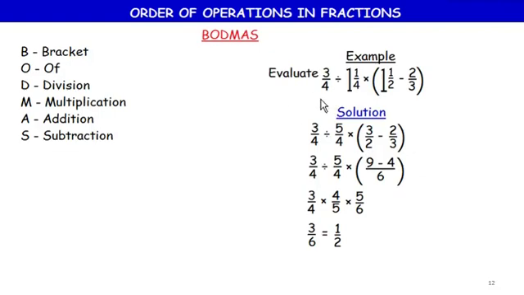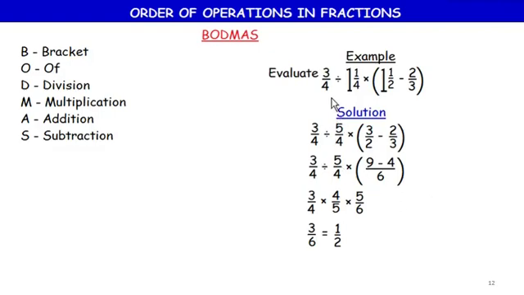So let's take this practical example. We have to solve 3 over 4 divided by 1 whole number 1 over 4 times into bracket 1 whole number 1 over 2 minus 2 over 3. Now let me give you this guideline, this principle.